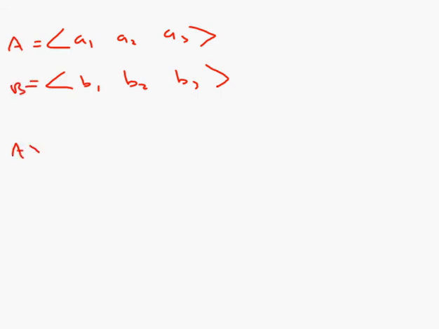So you have 2 vectors, A1, A2, A3, B1, B2, B3. This is vector A. That's vector B. A cross B, by definition, was A2B3 minus A3B2, comma, A3B1 minus A1B3, comma.